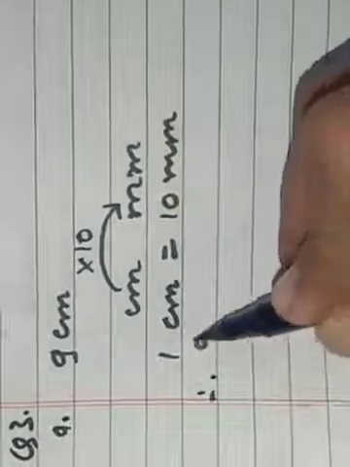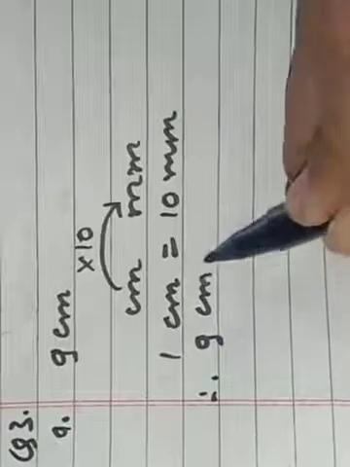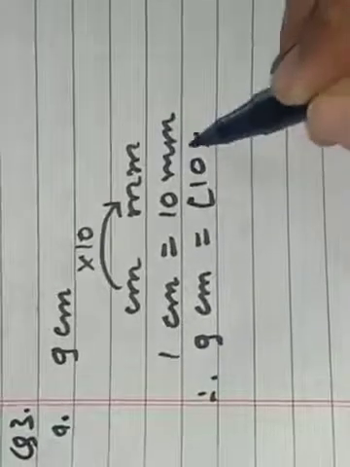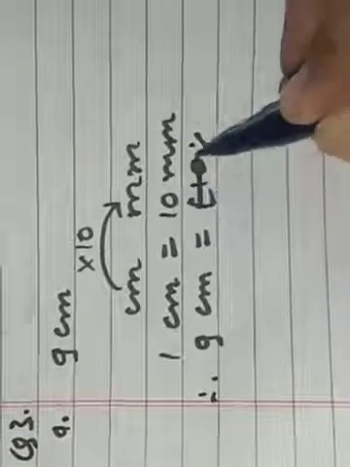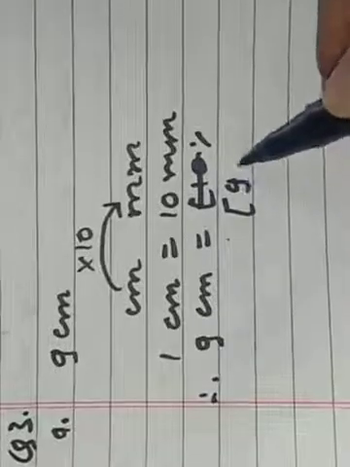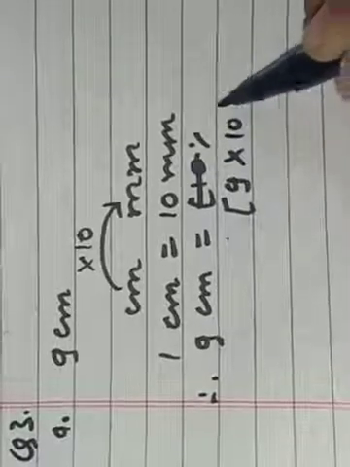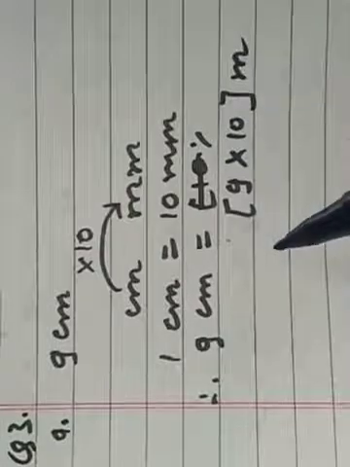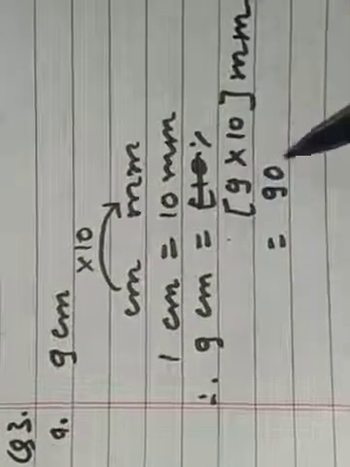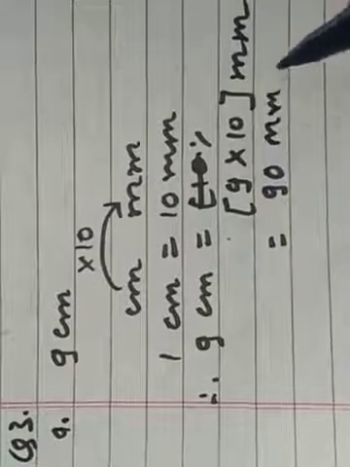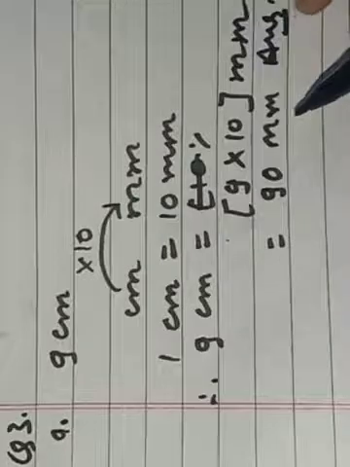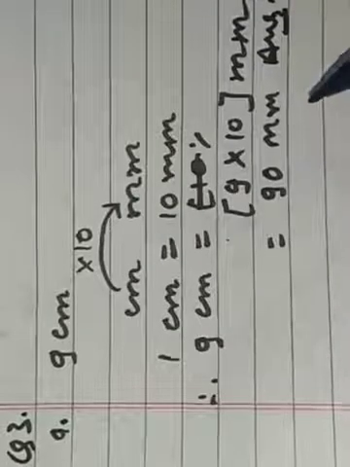Therefore 9 cm is equal to 9 multiplied by 10 mm is equal to 9 tens are 90 mm. Answer. Like this you can solve all the questions in question number 3.